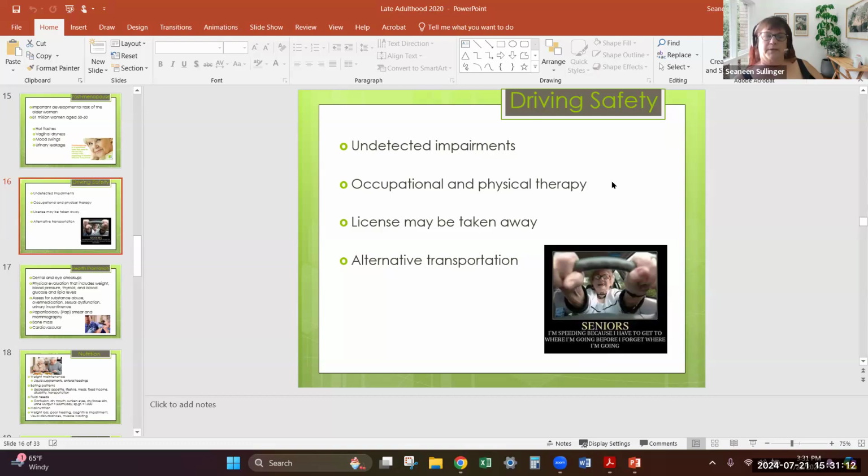So driving, I think I mentioned this in middle adulthood. Like, when do you take the keys away from dad or grandpa? There can be undetected impairments. We don't know if they're physically able to move, the reaction time, right, to be able to accomplish defensive driving and make safe decisions in a quick amount of time.